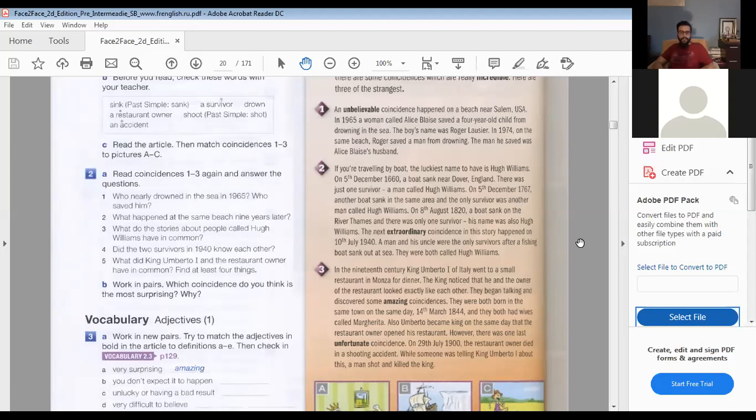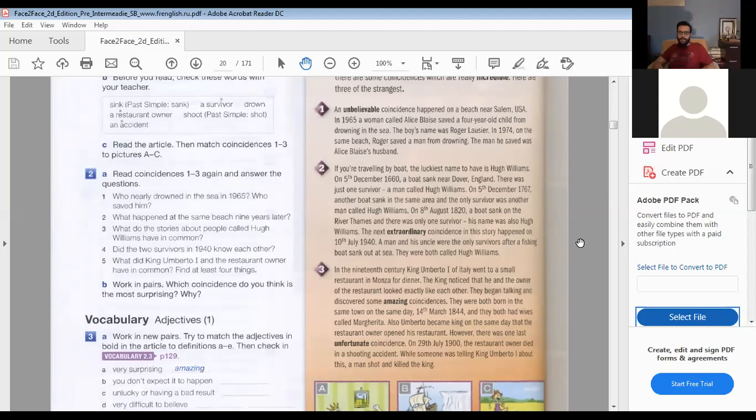So that's an interesting coincidence, right? So 9 years later, Roger saved Alice's husband, right? Yes. Okay.